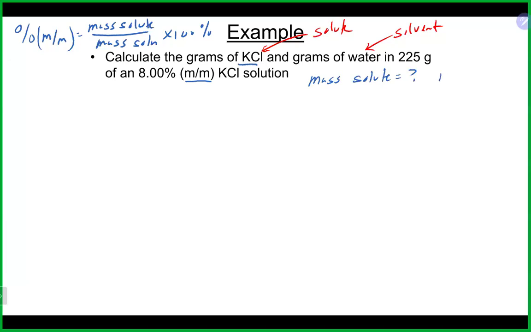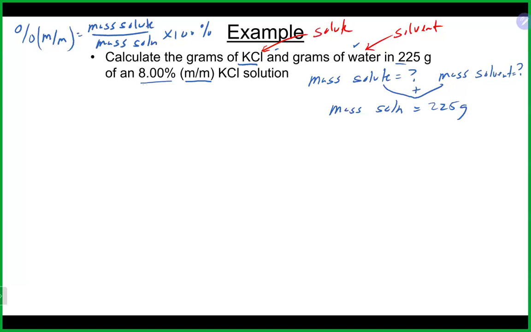We're also looking for the mass of our water, which is our solvent as well. So we're looking for both of those. We are given the mass of the solution, which is 225 grams. A reminder that the mass of the solution is both of those added together. So we've got to get at least one of those numbers, the solute or the solvent.